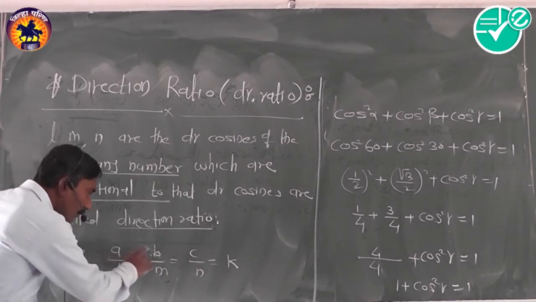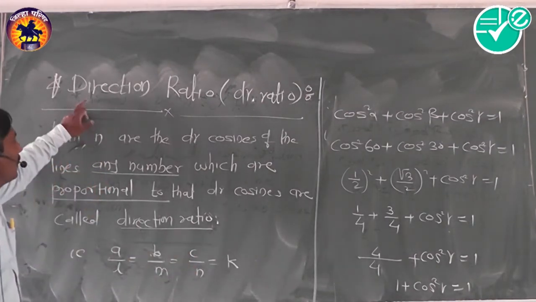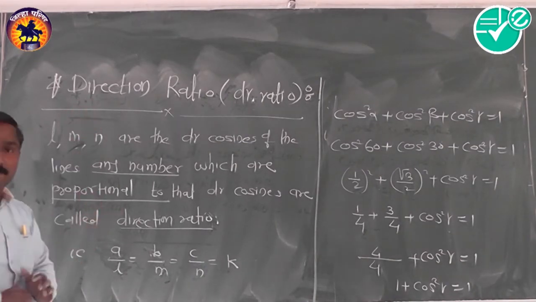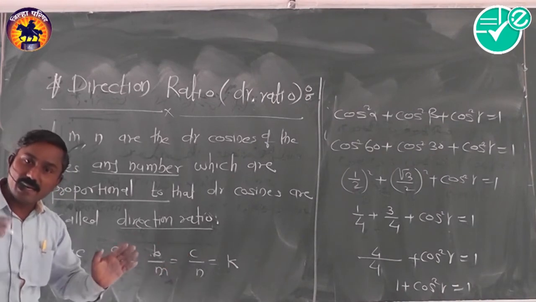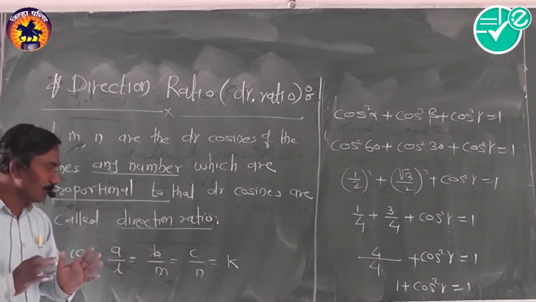Then that A, B, C are called the direction ratios of that line.